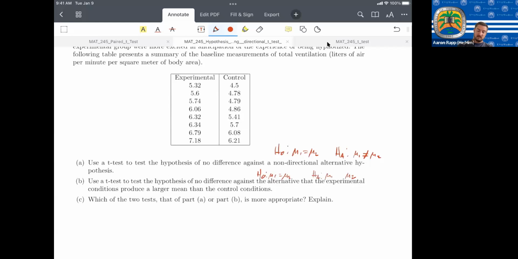Which, if we're going to let, I guess this is important, mu1 be the experimental and the mu2 be the control. For part B, what is my alternative hypothesis going to be?